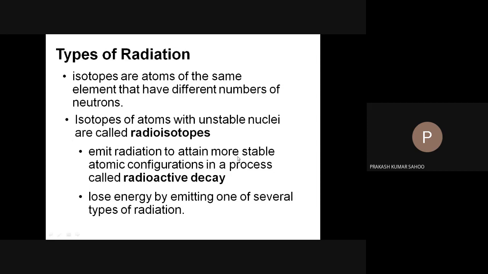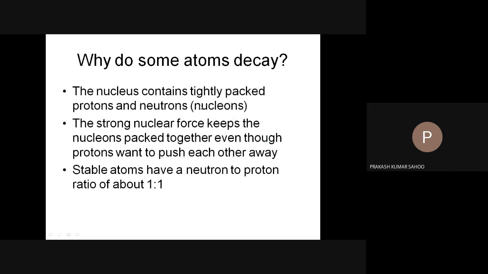It emits radiation to attain a more stable atomic configuration, a process called radioactive decay or radio disintegration. So due to radioactive decay, there will be energy loss by emitting one or more radiations, that is, radiations in the form of alpha ray, beta ray, or gamma ray.